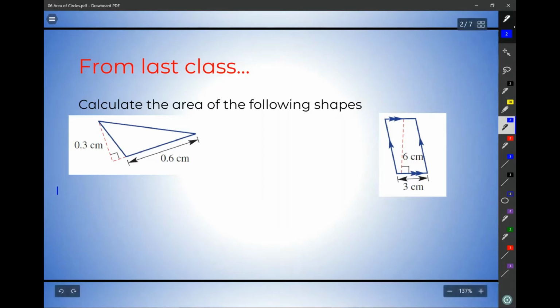Okay, so for the triangle here, we remember the triangle formula equals half base times height. So in this case, in the formula, we just plug in our numbers.